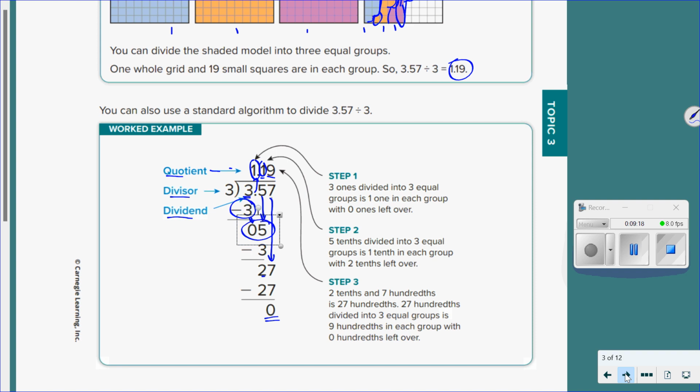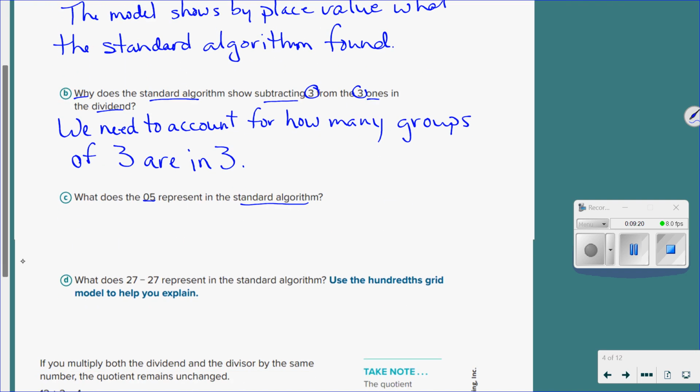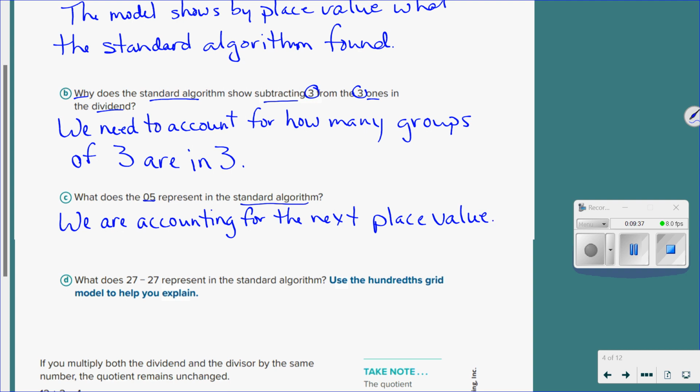So why did we do it? We are accounting for the next place value. And the 0 had to be there because when we looked at the ones place, there was nothing left.